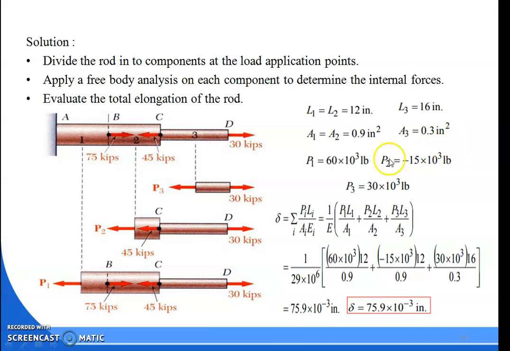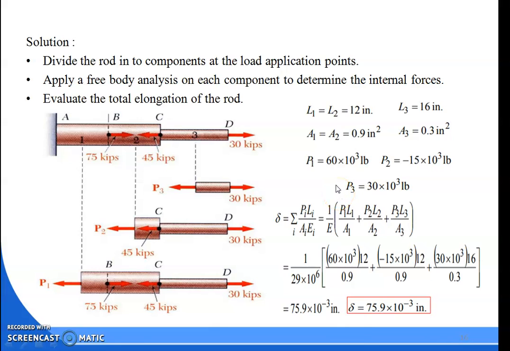Now your length part and area part is over. So now we have to calculate the force in the body. Since we divided the whole section into 3 parts, we can get 3 kinds of force here.